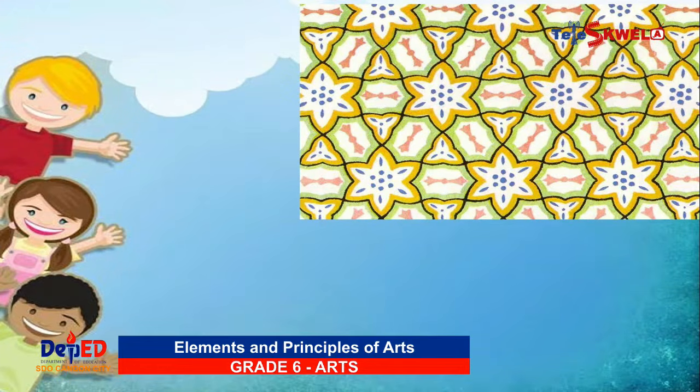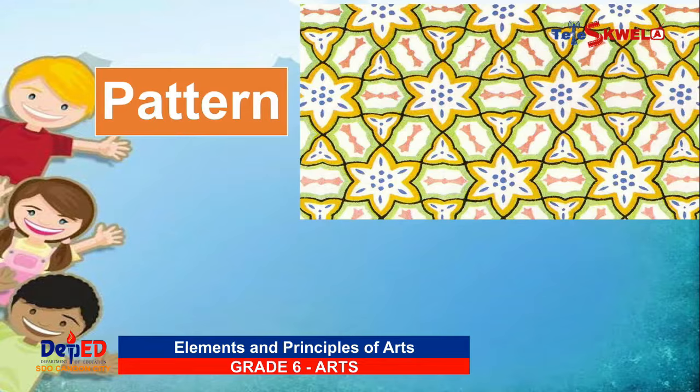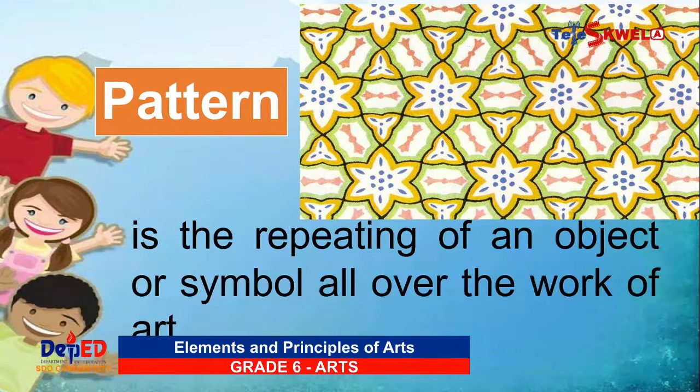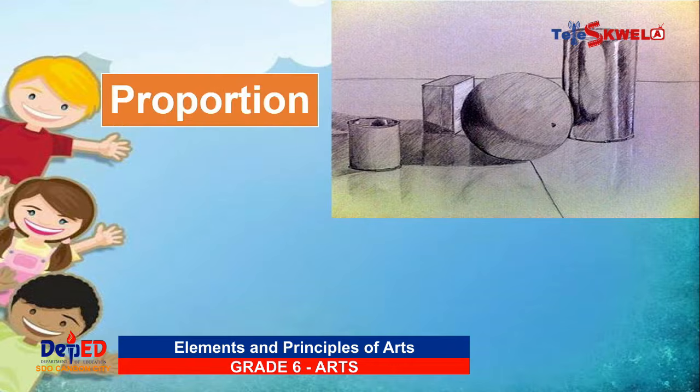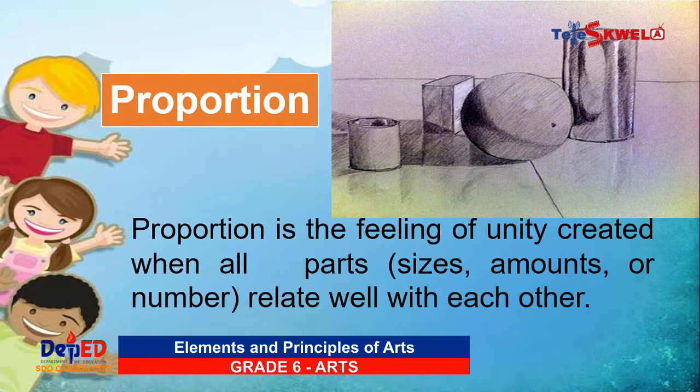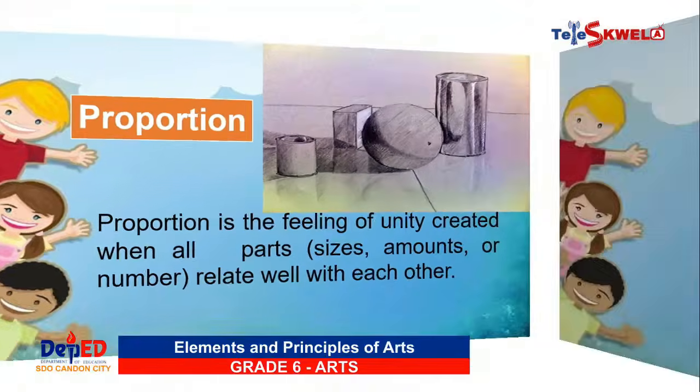Number 1 principle is pattern. Pattern is the repeating of an object or symbol all over the artwork. Number 2, proportion. Proportion is the feeling of unity created when all parts, sizes, amounts, or number relate well with each other.